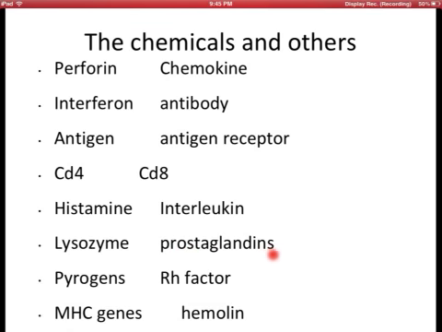Prostaglandins used in inflammation, causes inflammation. Meron siyang effect sa blood vessels natin. Be discussed later on. Pyrogen, okay, ito yung responsible for fever.